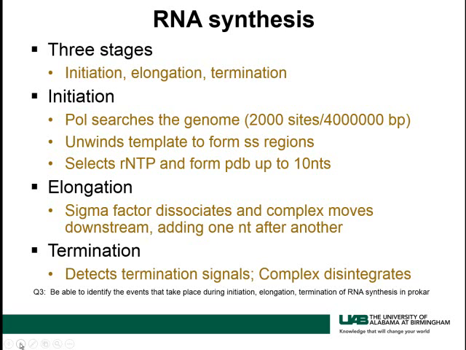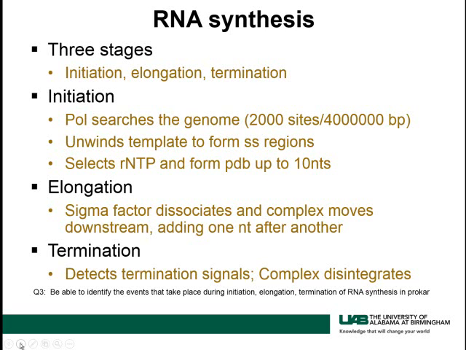nucleotides. Elongation occurs after the formation of the first 10 nucleotides, or oligonucleotide. The sigma factor then dissociates from the core enzyme, and the core enzyme then proceeds through the open reading frame, or the rest of the gene, by adding one nucleotide after another.